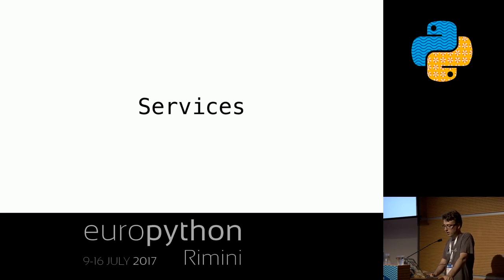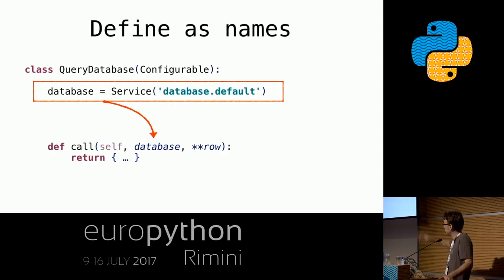Much more interesting, there are services. A service like the database service we provided here is basically saying, okay, my transformation will rely on a database, but I don't want yet to tell you what implementation I will use, and I just say it's probably called database.default. So at runtime, provide me something called database.default, and I'll try to use it like I thought it would work.